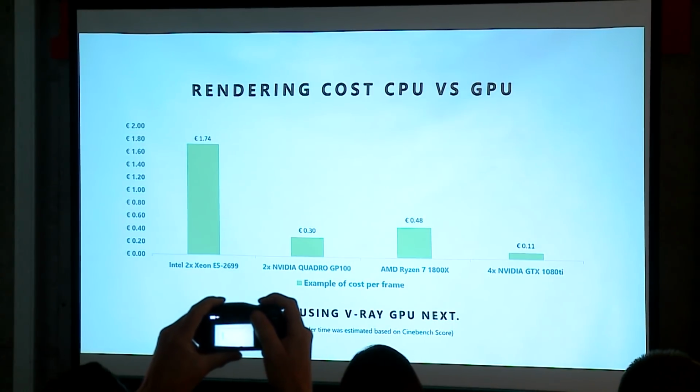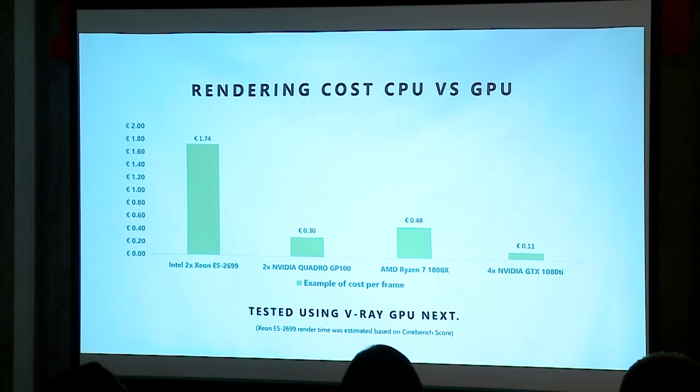Compared to, for example, AMD Ryzen, which is, I would say, a very cost-effective CPU, rendering on GTX 1080 is around 4 times cheaper. What's also interesting is that even in the high-end professional market, the difference is even bigger between Intel Xeon and Nvidia Quadros. Even GP100 is cheaper than rendering on AMD Ryzen.